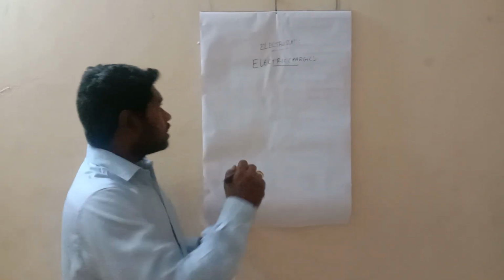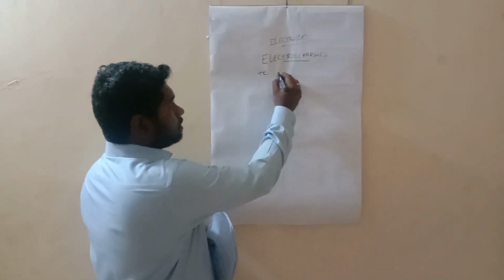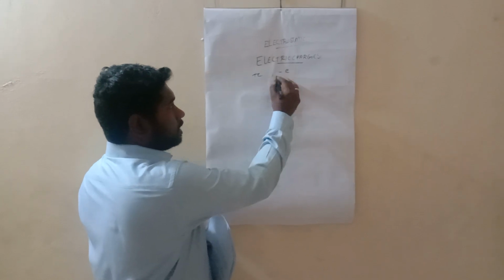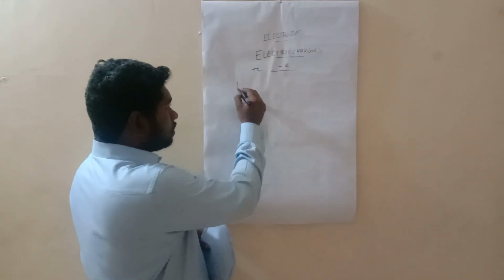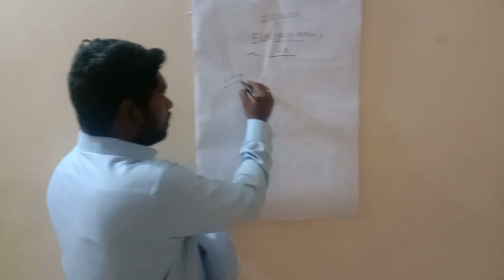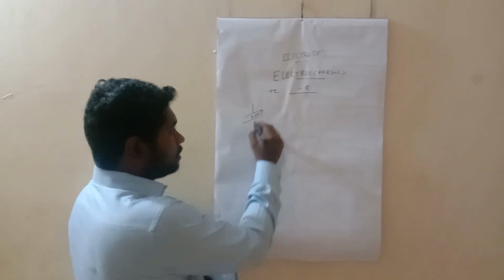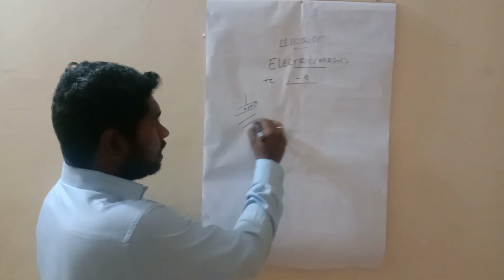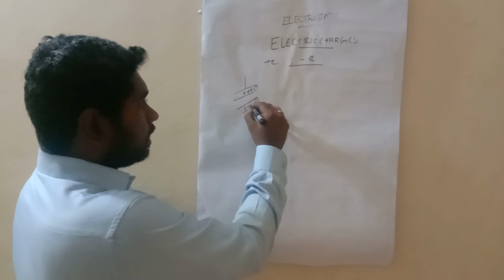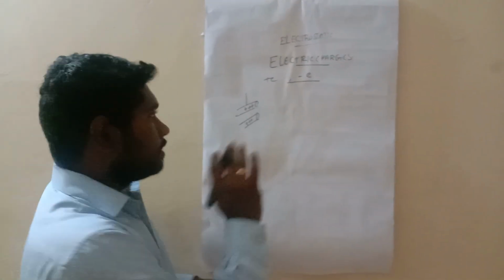There are two charges here, one positive electric charge and one negative electric charge. So we simply describe that one glass rod with positive charge and another glass rod with positive charge repel each other.